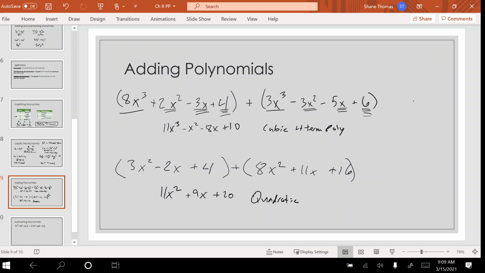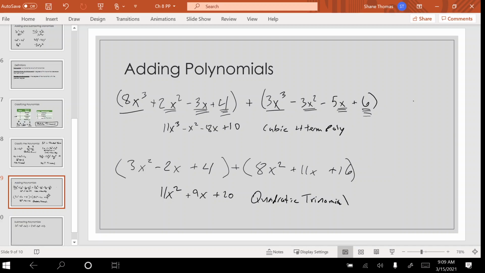McGargle, what is it based on number of terms? Maybe you need to phone a friend. Trinomial. Questions? That's pretty simple, right?